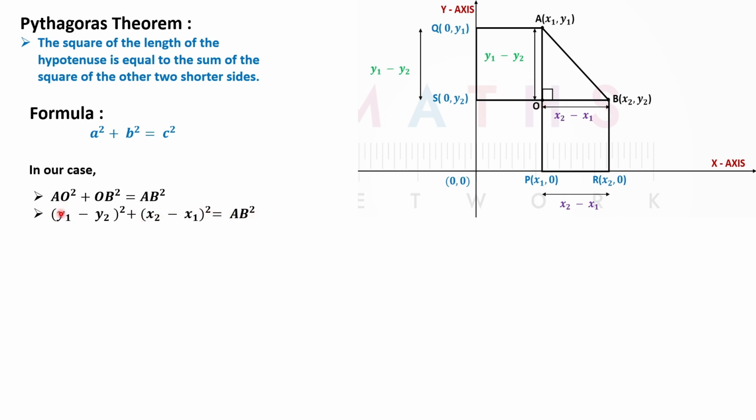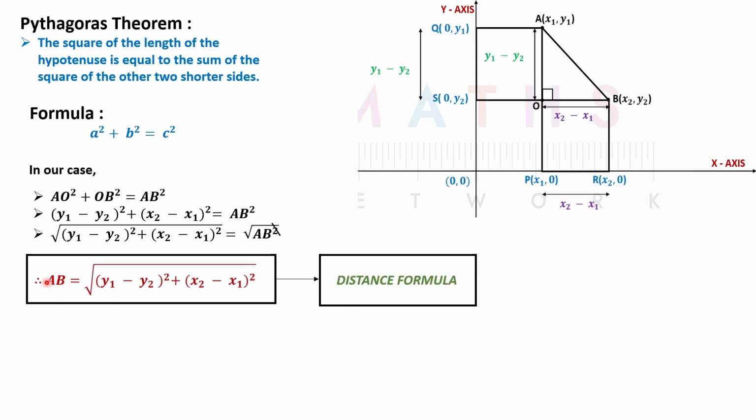So in the equation, we will have (y1 minus y2) whole square plus (x2 minus x1) whole square equals AB square. Now we apply roots on both sides. On the right hand side, the square and the root get cancelled, and thus we get our distance formula: AB equals the square root of (y1 minus y2) whole square plus (x2 minus x1) whole square.